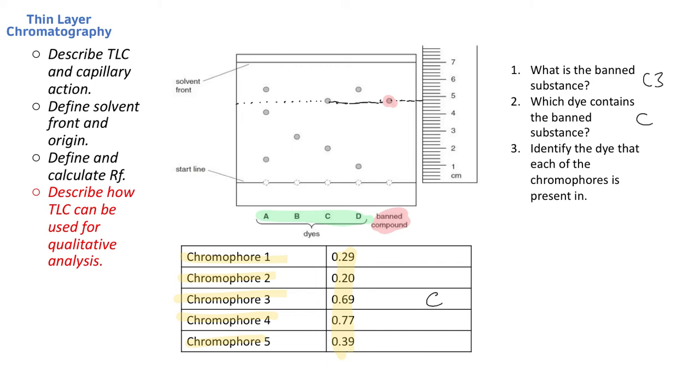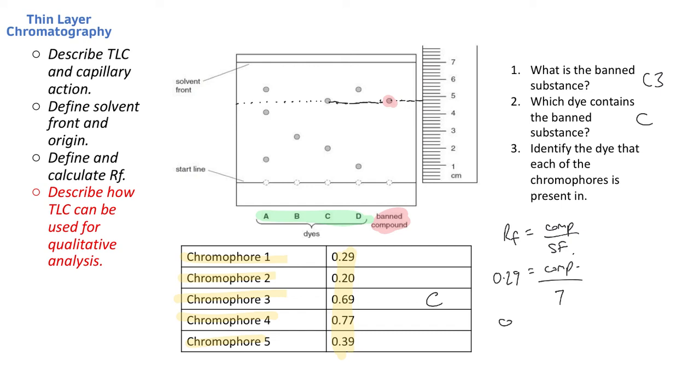Okay, let's have a look at the rest. So we would take this RF value. RF is equal to component over solvent front, so 0.29 equals something over 7, how far the component has traveled.